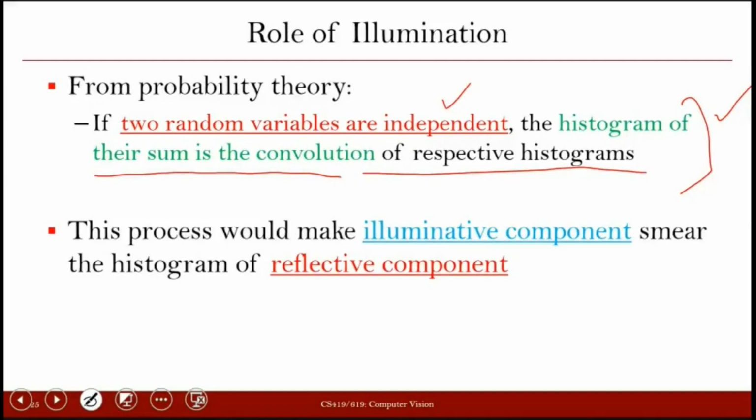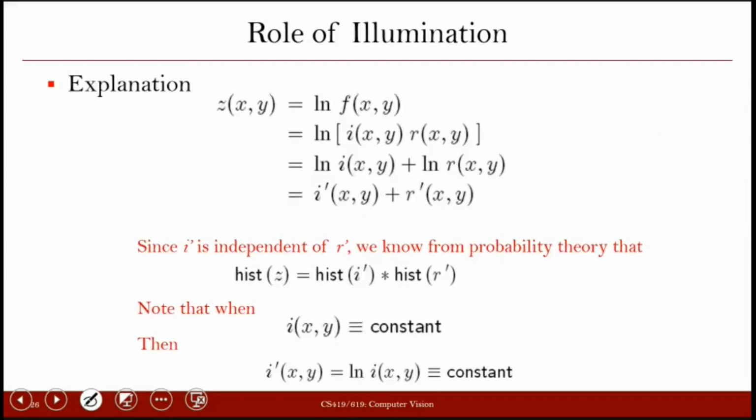We are going to use this with the two components we are discussing here: one is illumination and the other is reflectance. So from the previous discussion, we know that our image z(x,y) is equal to i'(x,y) plus r'(x,y).